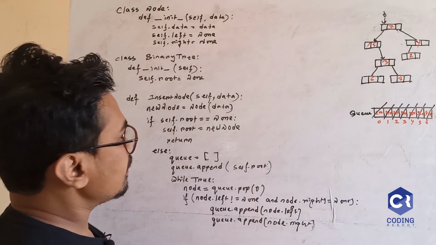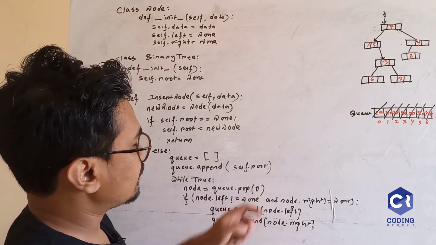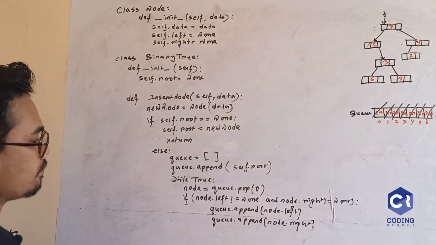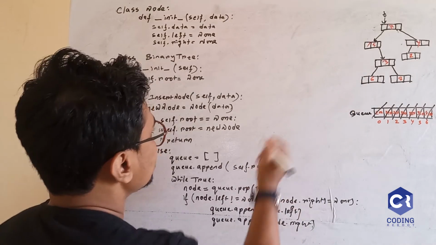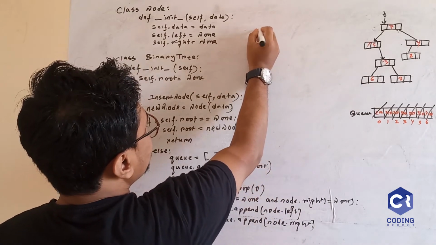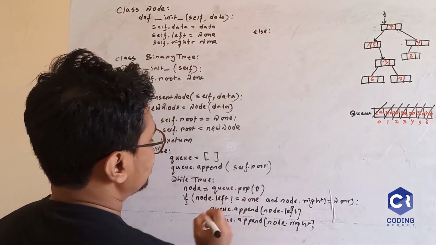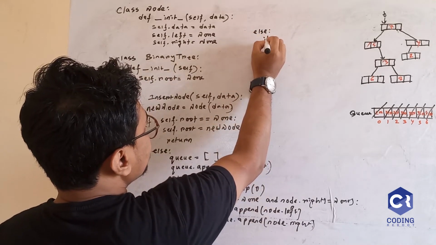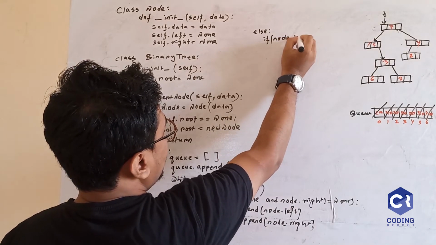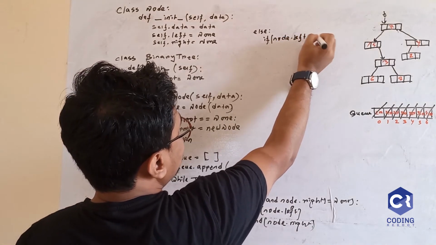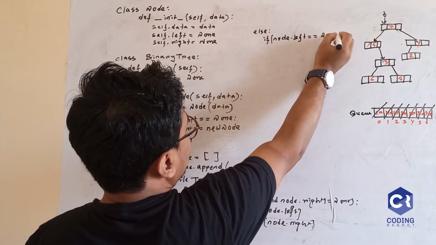So what if there is no left child, or there is no right child? We are going to check this condition also: else if node.left is equal to none.